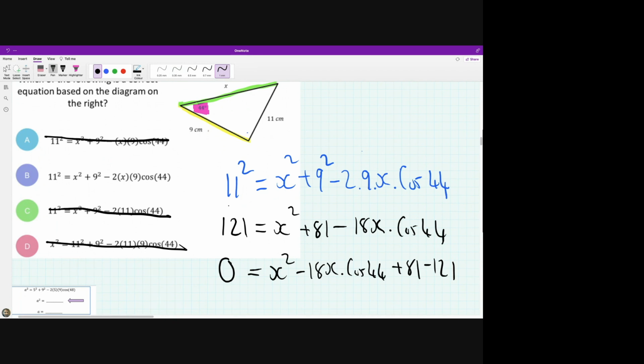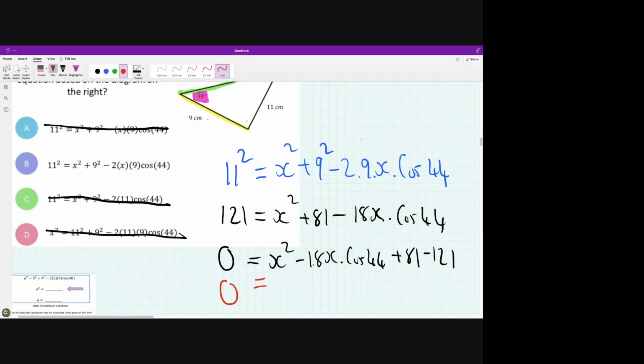Now, I don't know if you can see what I'm doing, but I'm trying to make this a quadratic equation. At the end here, 81 minus 121 is going to give me minus 40. The x squared in front is awesome.